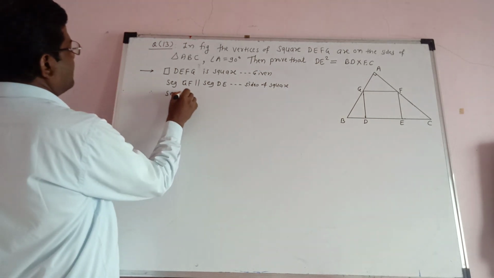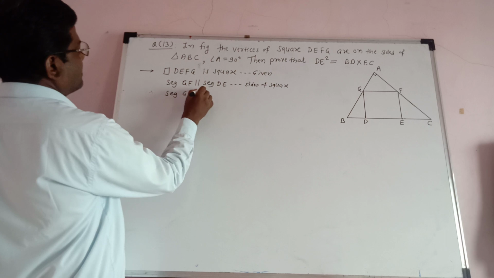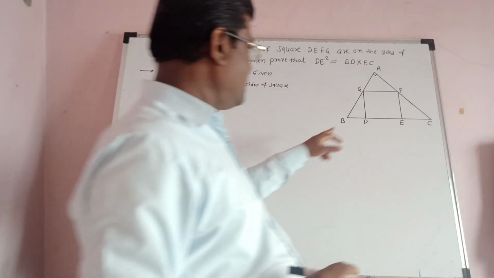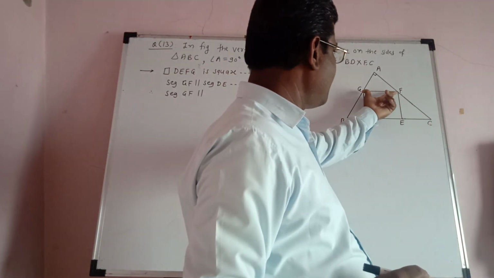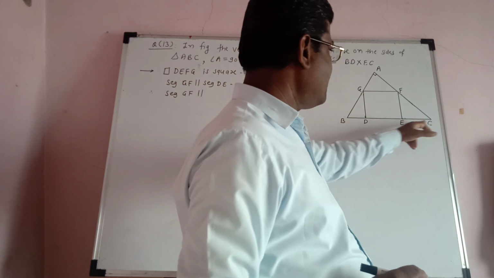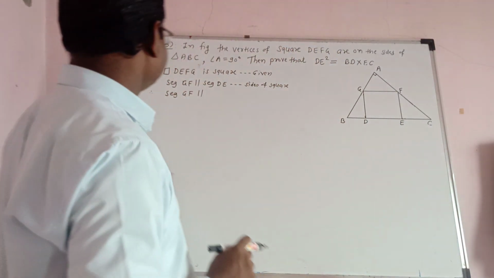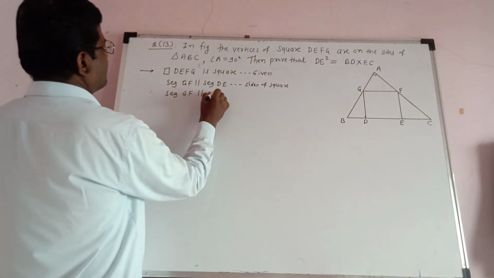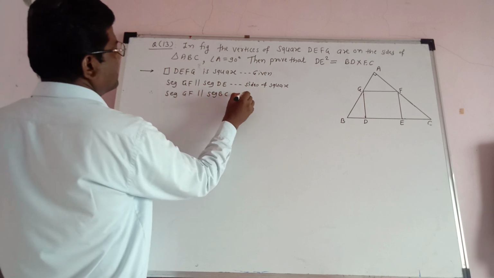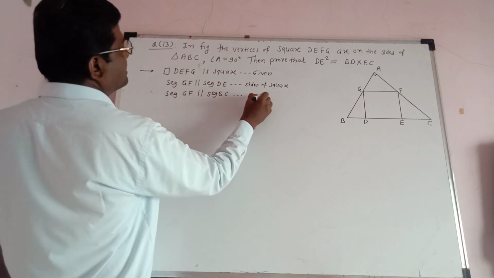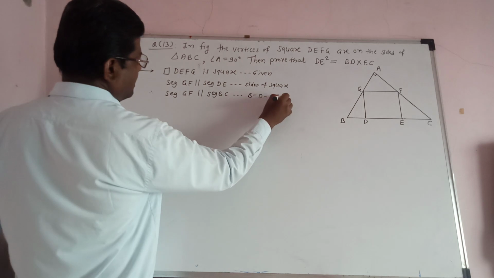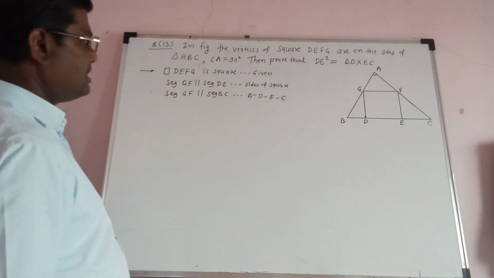Therefore, segment GF is parallel to segment BC. The reason is B-D-E-C, that is, the points B, D, E, C lie on one line.